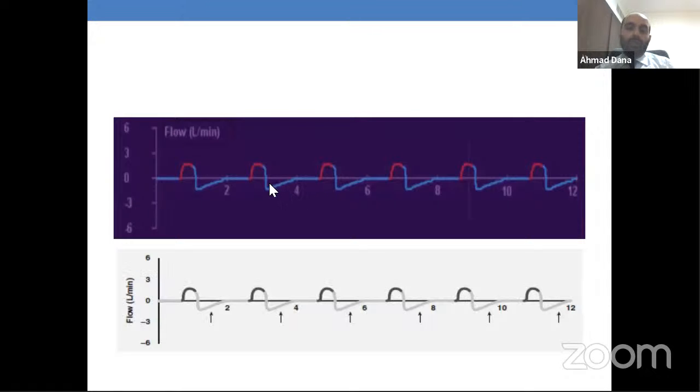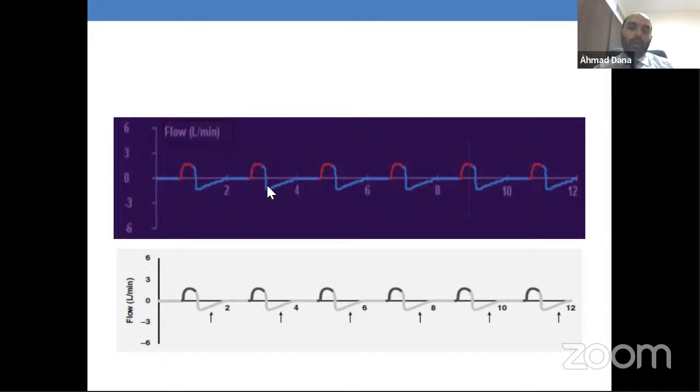Now, if you have loss of flow, so very small flow here, what does it mean? So either, as we said, it is reduced compliance or increased resistance. Decrease in the compliance in case of pneumothorax or migrating ET tube.